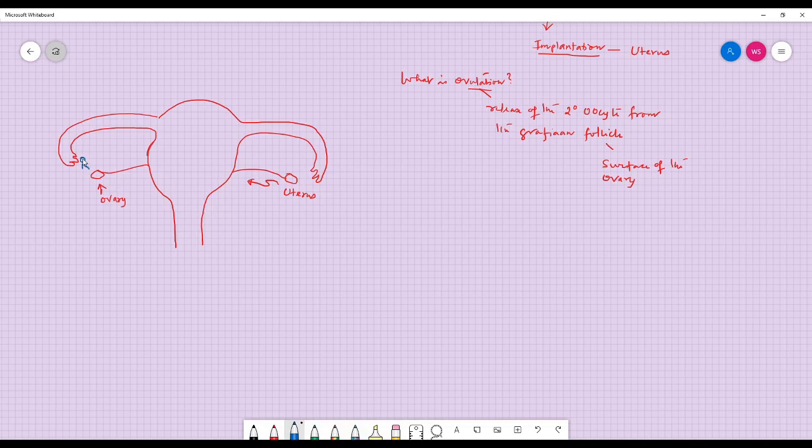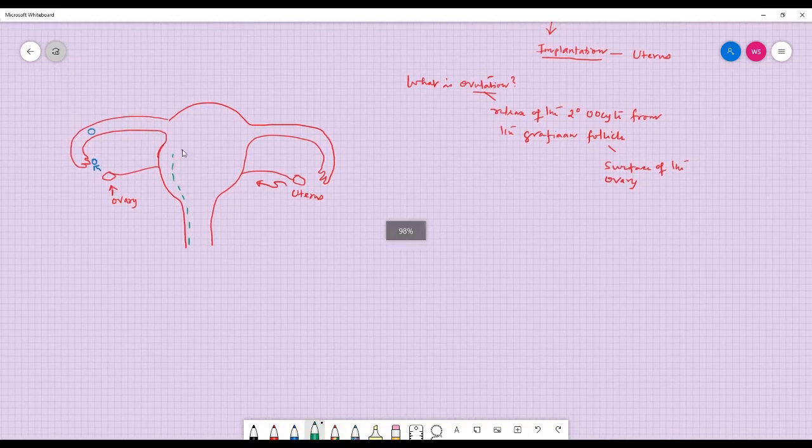That ova is taken up by the fimbriae, and then we have the sperm coming up the uterus, reaching there, getting into the ova, and then the nuclei of the two cells fuse and we get what is called the zygote.